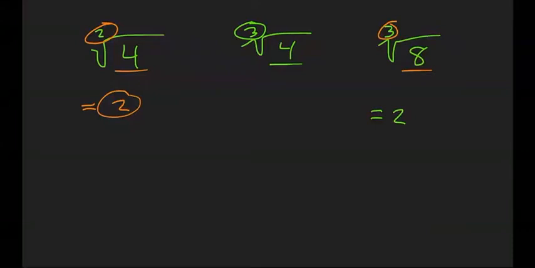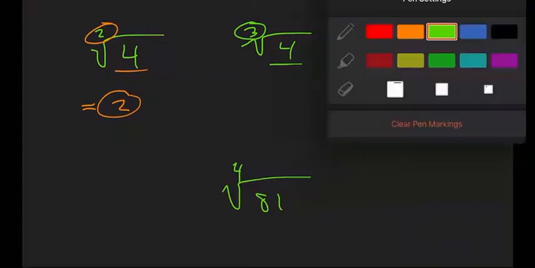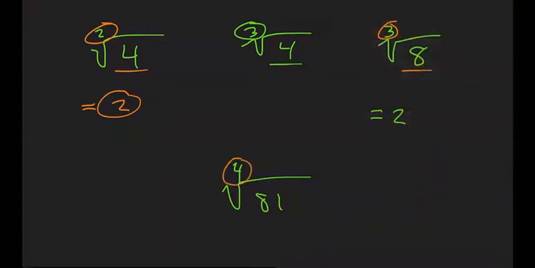How about fourth root? What do you think fourth root means? That's what number multiplied 4 times gives you this. So fourth root of 81, and it may take you a while to get familiar with some of these. You may have to do some guess and check work off to the side, use a calculator, things like that. Fourth root of 81 is going to be 3.